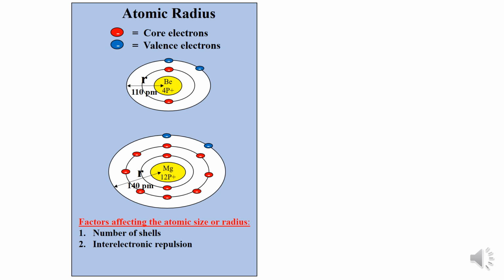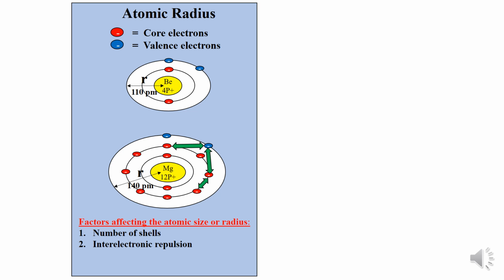Second factor is inter-electronic repulsion. Now as the number of shells increase, there will be increase in the number of electrons in their respective shells. When there is crowding of electrons, it leads to electron-electron repulsion, and there will be inter-electronic repulsion not only between electrons within the shell but also between the shells.